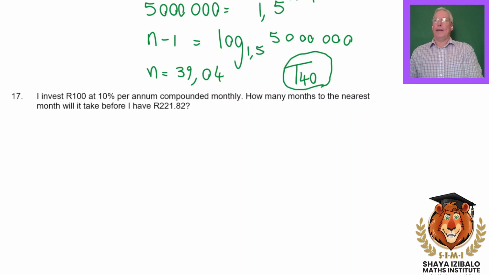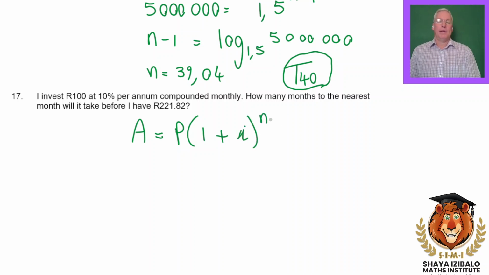Here's a financial maths question, and we know that it's been a while since you've seen that, but let's just have a look. I invest 100 Rand at 10% per annum compounded monthly. You may or may not remember this formula. This formula tells us the balance after n payment intervals, n compounding intervals with that interest rate.